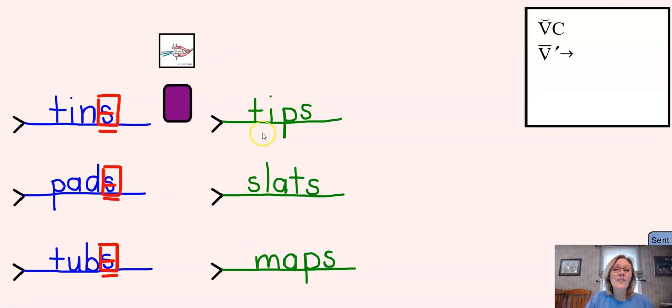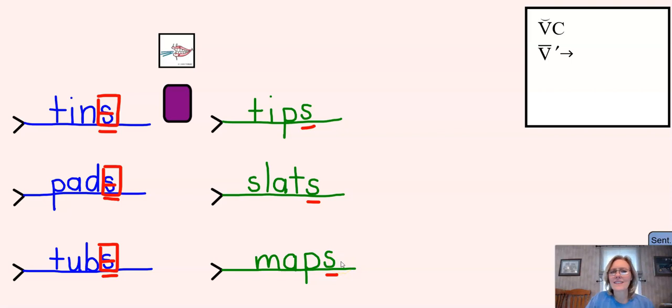Okay, now let's look at our other words over here. What do all of these words have that's alike? I notice they all have a final S. Now, let's say these words. Tips, slats, maps.